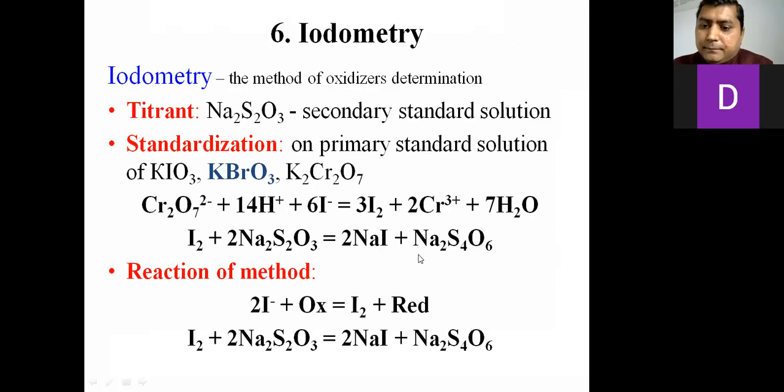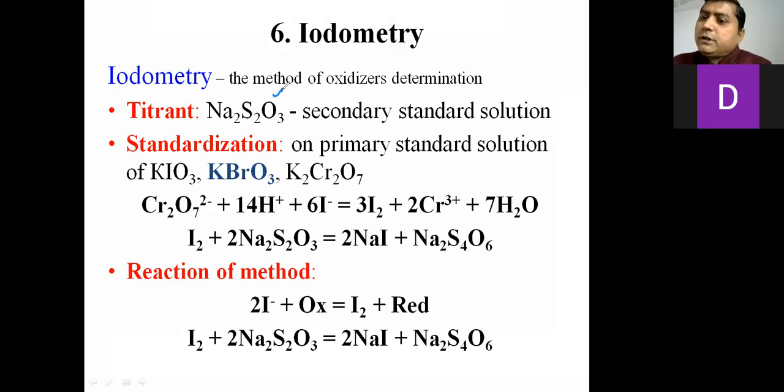Next one, the iodometry titrations. Here we are using sodium sulfite, and in iodometry iodine is liberated.